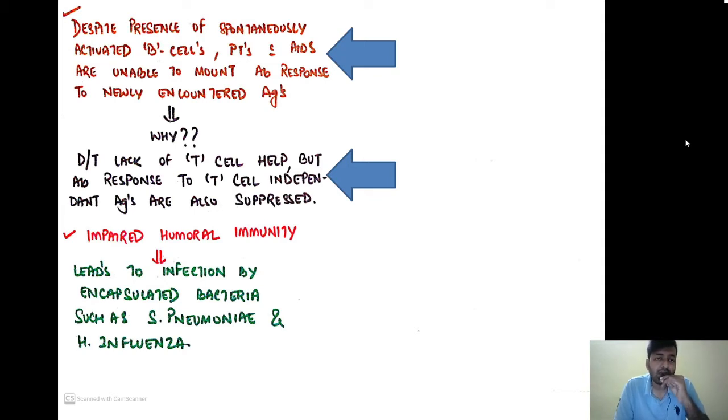So because of lack of this T cell help, the B cell cannot mount an antibody response to not only T cell dependent but also T cell independent antigens. So this causes an impaired humoral immunity, which leads to infection by encapsulated bacteria such as Streptococcus pneumoniae and Haemophilus influenzae.